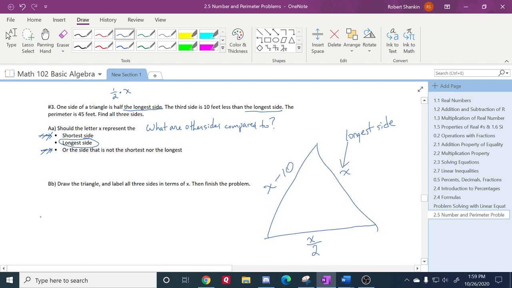So we have x minus 10, x, and x over 2, and we just say they all equal 45, with addition signs. We might even put pretend parentheses, because it all came in at one time. So this side plus this side plus this side gives you the perimeter, which is the distance around the outside edge, of 45.